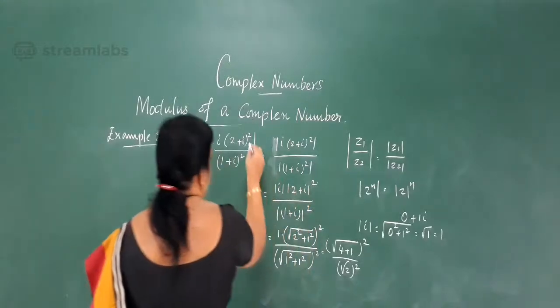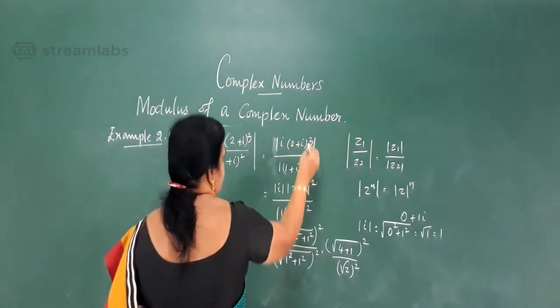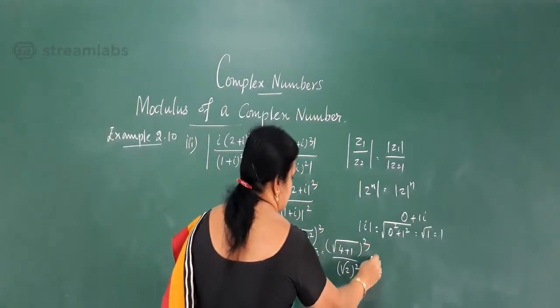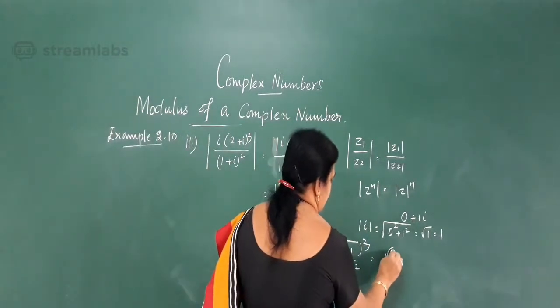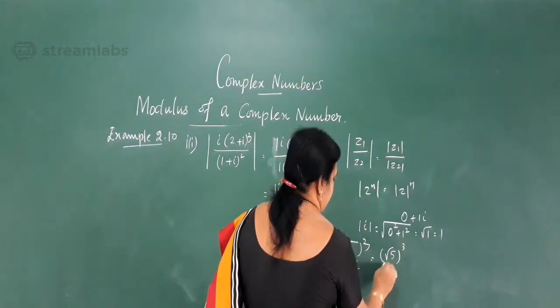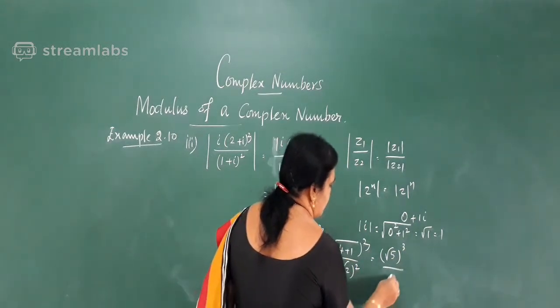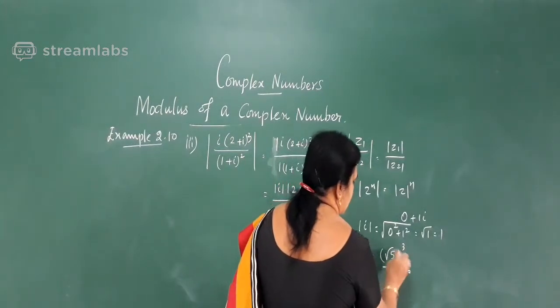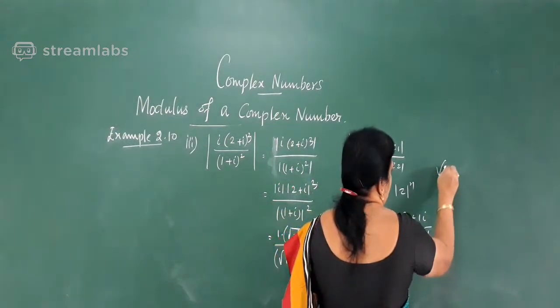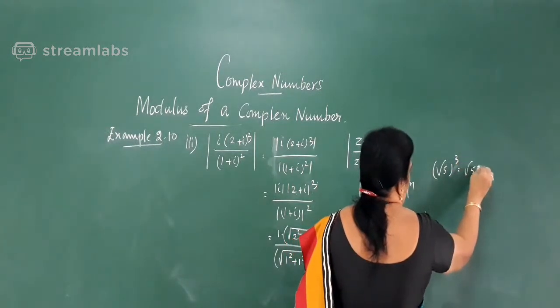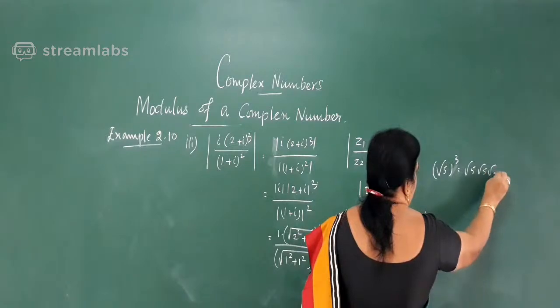Sorry, in some they have given 3 here, but I have taken 2, that's why that answer is not coming to me. Now it is correct. See, root 5 whole cube by 2, this 2 and this square root will be cancelled to 2. Here, 3 is nothing but root 5 into root 5.